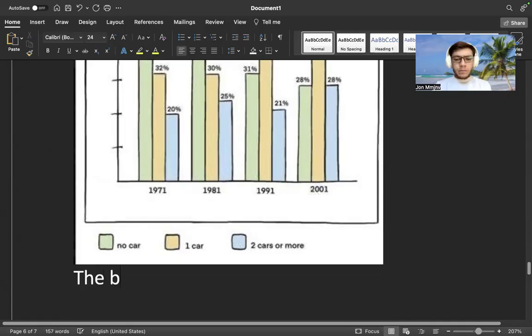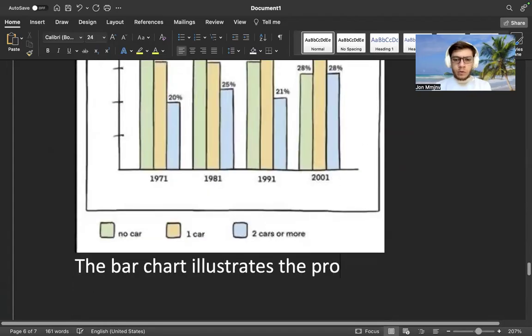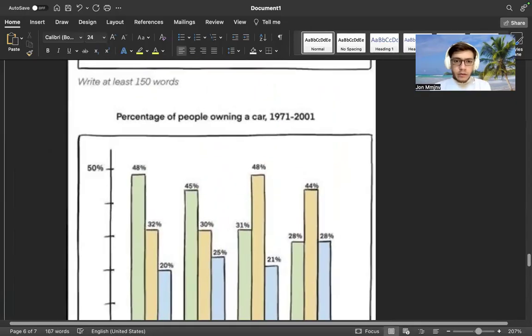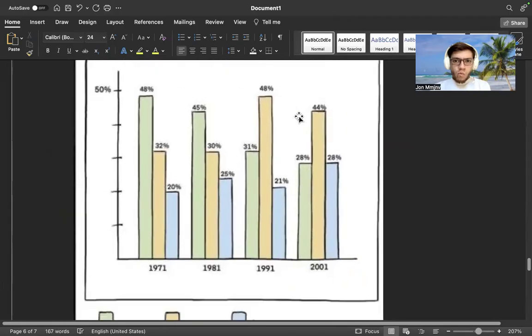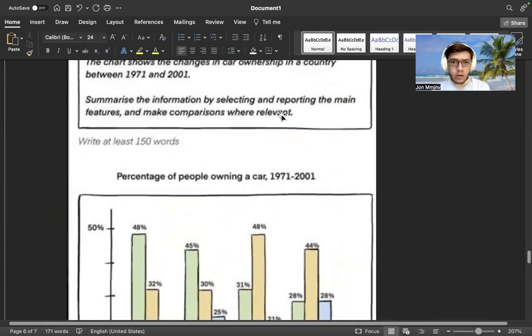Okay, so the bar chart illustrates the, this is a percentage, the proportion of people who owned cars were in a certain country.